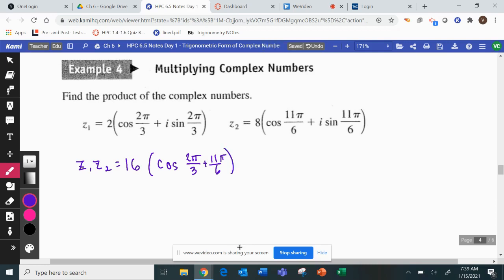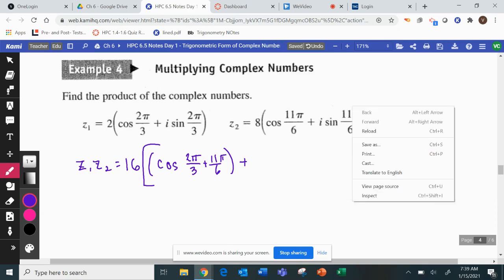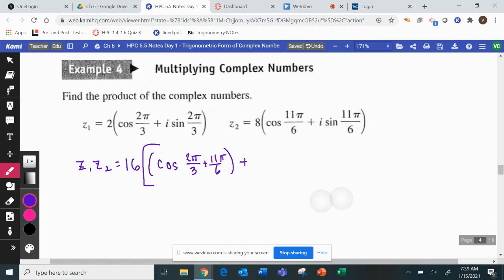Okay, and then plus, and then we've got our i value. And then we'll have sine of 2 pi over 3 plus 11 pi over 6. Okay, so we have to add these together.